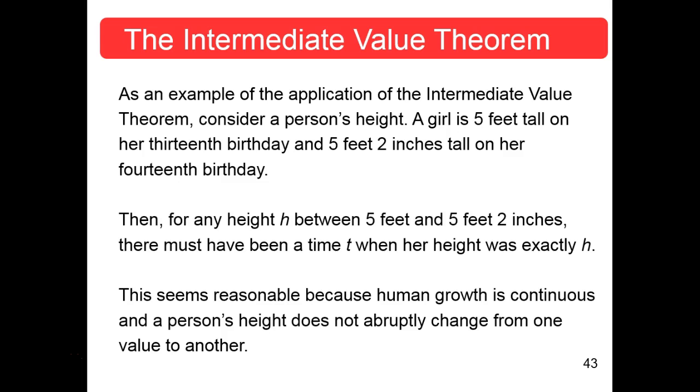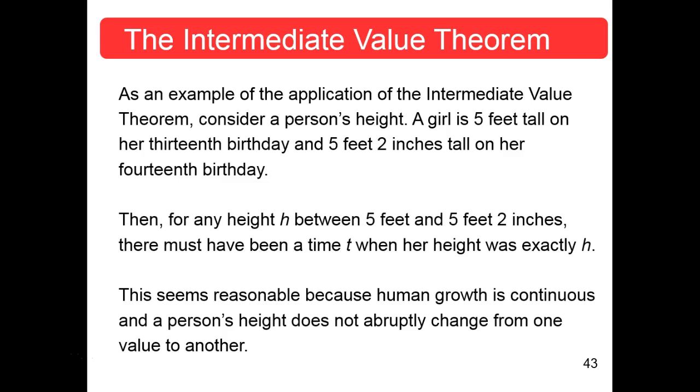There was some time. She just didn't jump. No matter how fast she grew, there was some time. It may have been overnight one night, but there was some time when she was every height in between 5 feet and 5'2". Then for any height h between 5 and 5'2", there must have been a time t, like 13.07, when her height was exactly h.